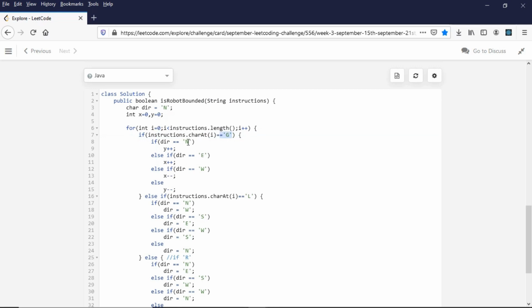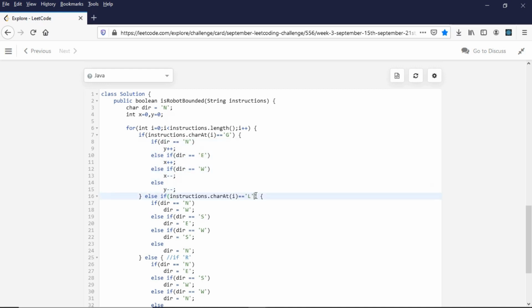If my current direction is north, that means I am going forward to the north side, so my y axis will increase. If my current direction is east, my x will increase. If I am moving to the west, my x will decrease, and otherwise if I am moving to the south, then my y will decrease. So I am doing the same thing here.